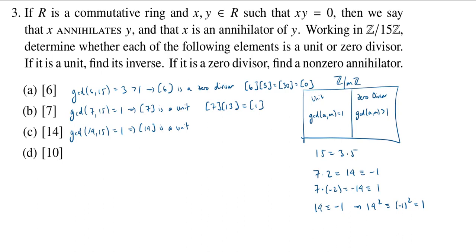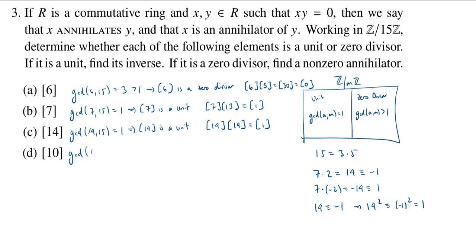So I can just use 14 as its own inverse: the class of 14 times the class of 14 is the class of 1. In both of these cases, we could write down that 5 annihilates 6, 13 is the inverse of 7, and 14 is the inverse of itself.